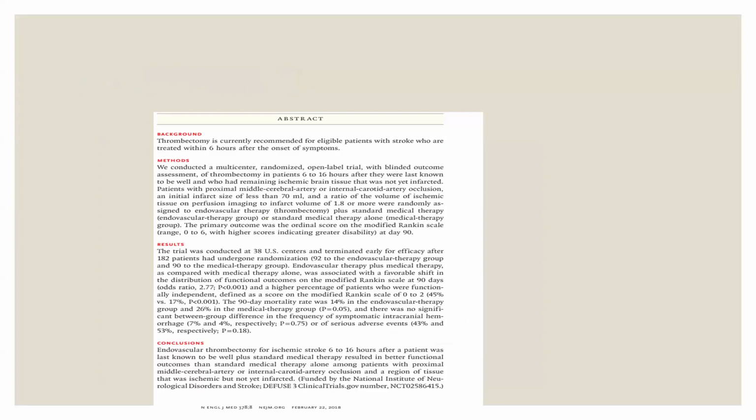So patients with proximal middle cerebral artery or internal carotid occlusion, an initial infarct size of less than 70 ml, and a ratio of volume of ischemic tissue on perfusion imaging to infarct volume of 1.8 or more were randomly assigned to endovascular therapy plus standard care or standard medical therapy alone.